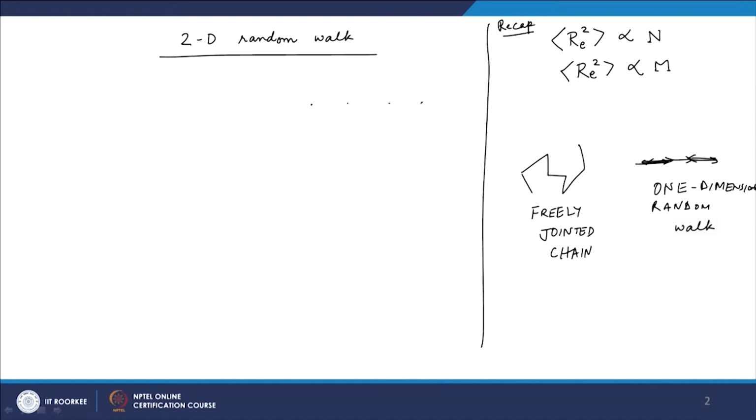Okay, so think of an arrangement of points which is known as a 2D square lattice. Now again we can start thinking in terms of steps which are uncorrelated with each other, but now the steps can be either in the x direction or in the y direction.